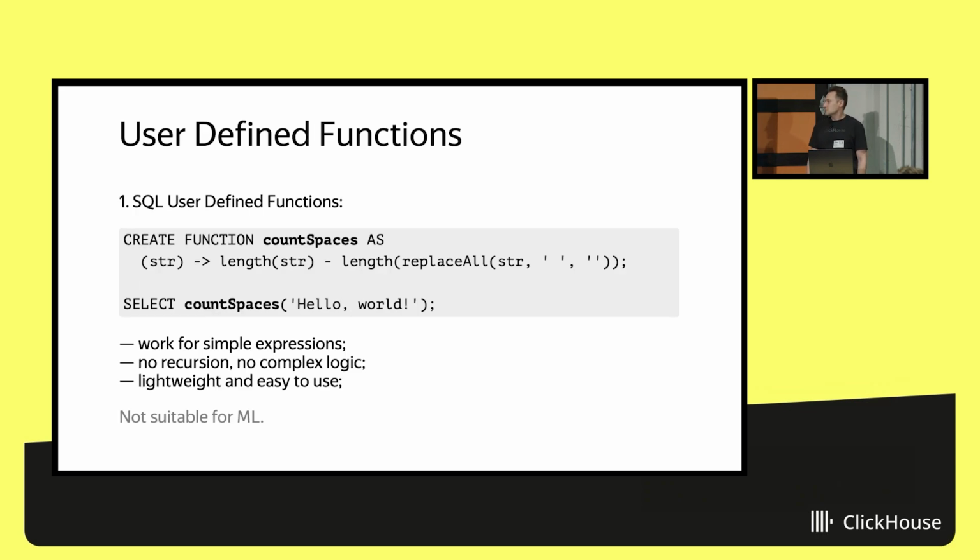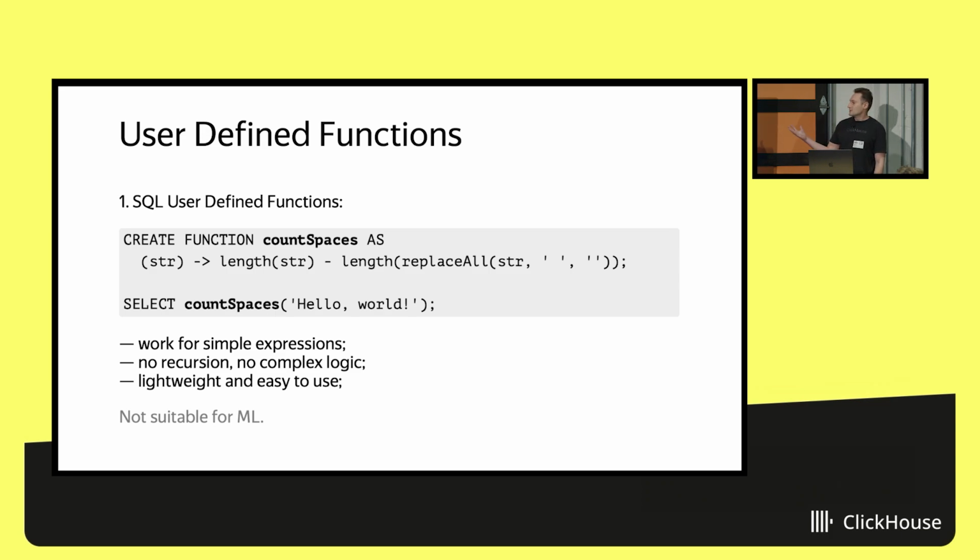For regular functions, there are also different kinds of them. There are SQL user-defined functions that you can create like this. Using a create function query, you specify the name of this function, and you specify it as a lambda expression. For example, this function will calculate the number of white space characters in the string.